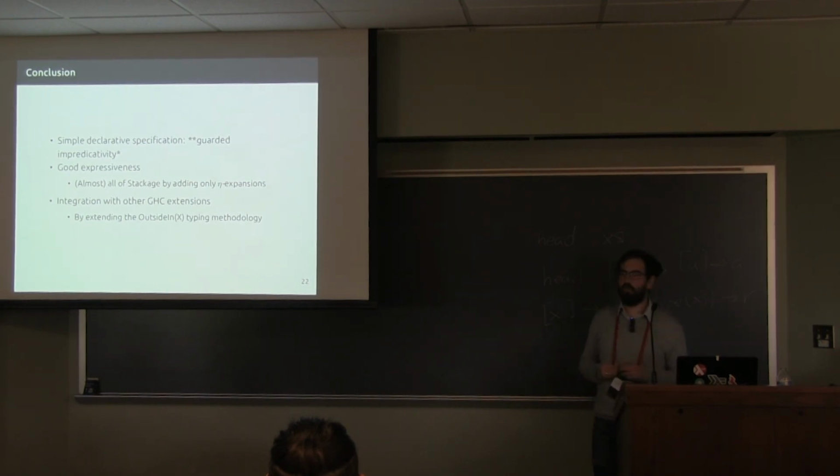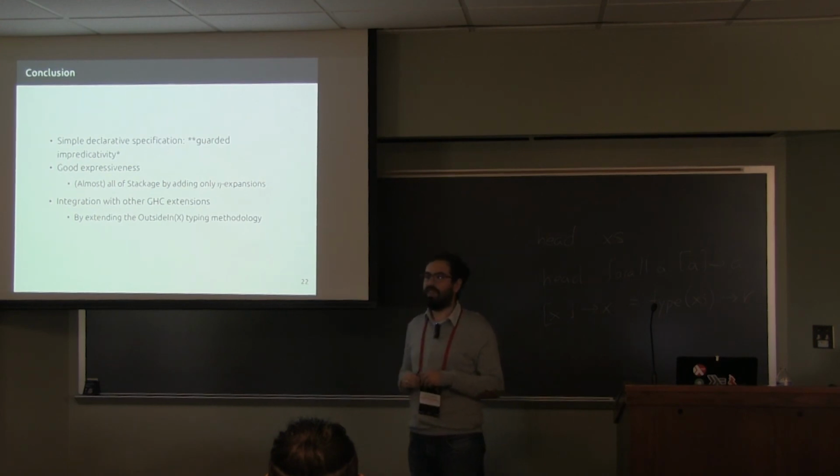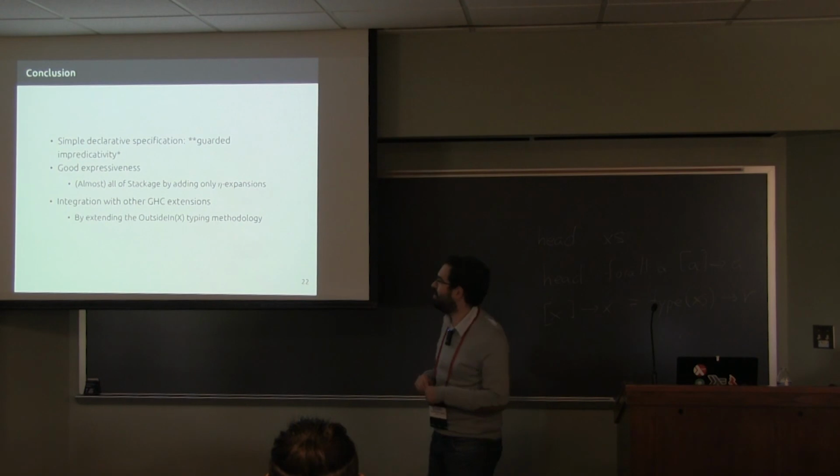And sometimes you just need to eta-expand, so you need to change a g into lambda x, g of x. But there is an error which tells you this, and I think we had to change like 15 packages out of thousands of them. So I think that's a good balance.